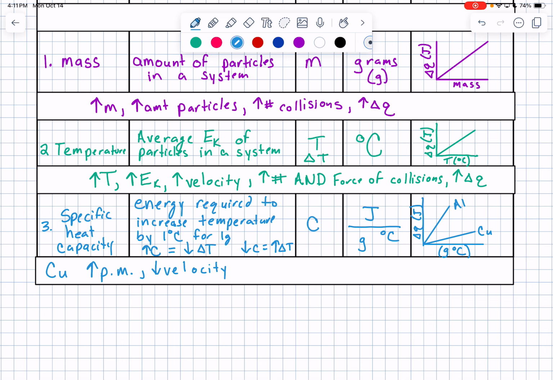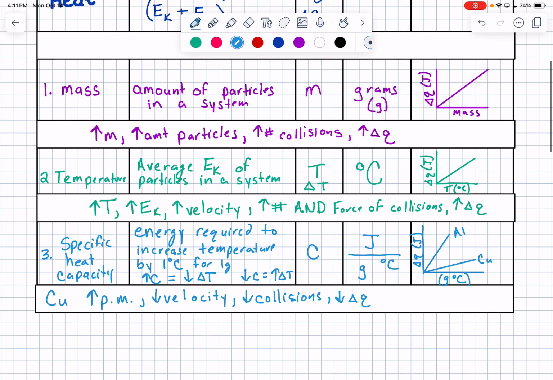So higher particle mass means the lower the velocity, the slower it's going to go in a direction. And so then that means we're going to have a low number of collisions, which will result in a low change in heat.